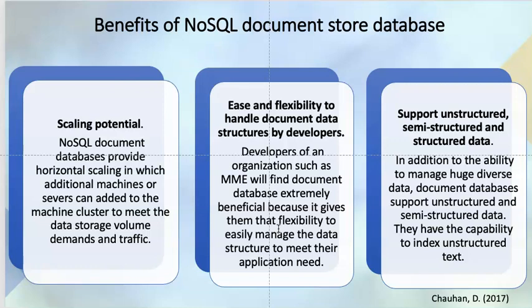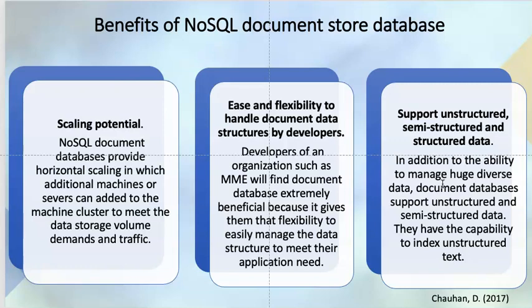It also supports unstructured, semi-structured, and structured data. So in addition to the ability to manage huge diverse data, the document store databases support unstructured, semi-structured, and even structured data. They have the capability to index unstructured text.